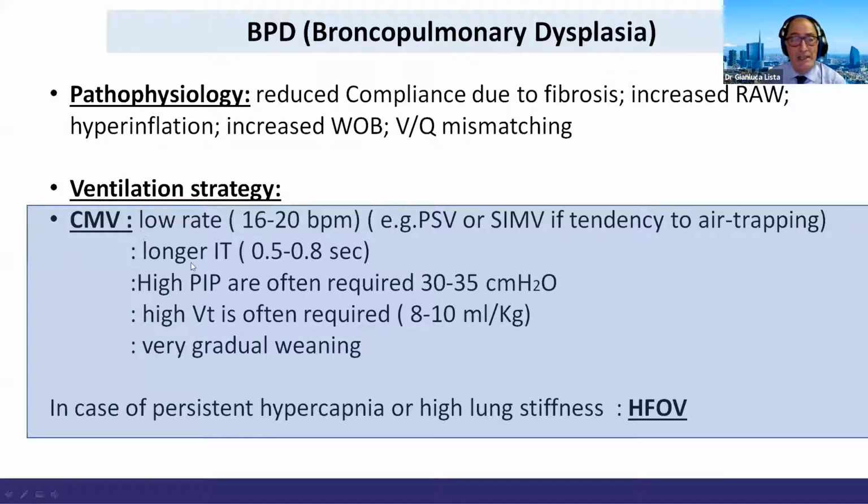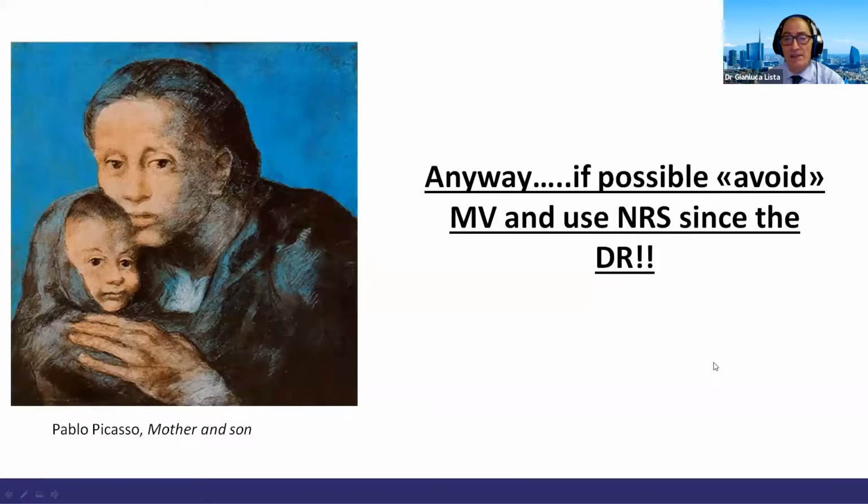Generally a longer inspiratory time is indicated because there is a longer time constant of this lung. High PEEP is often required and high tidal volume is often required. And remember that you have to use a very gradual weaning. In situations in which there is persistent hypercapnia or high lung stiffness, HFOV is suggested.